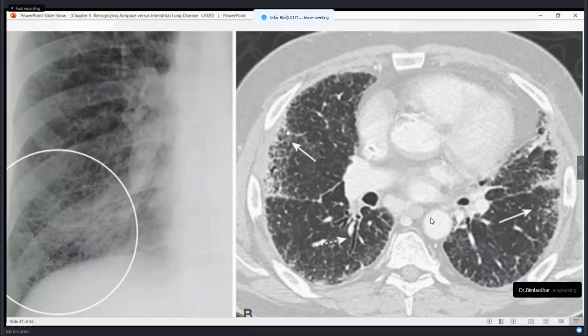Volume has been reduced, and this is actually called traction bronchiectasis, along permanently dilated bronchi, where you can see the space has been reduced.